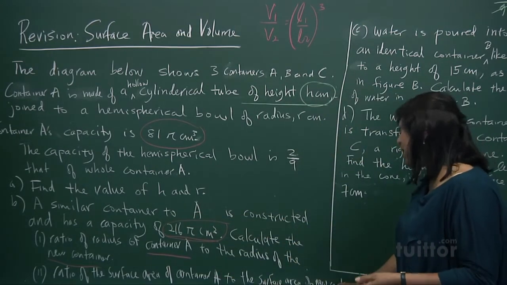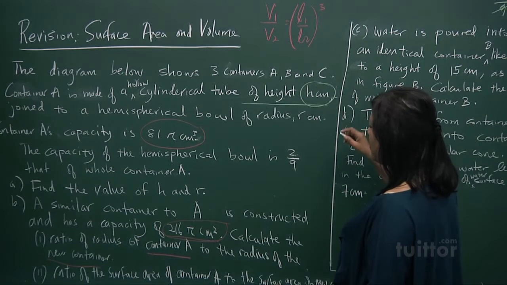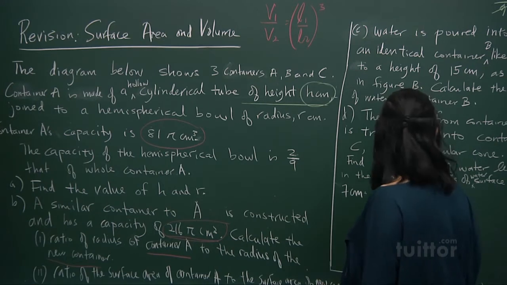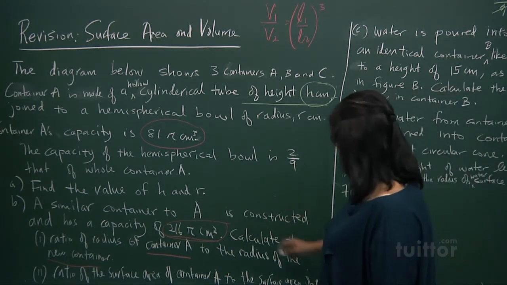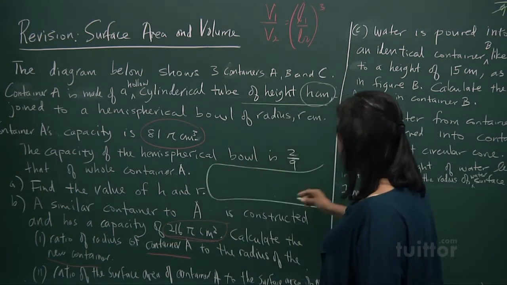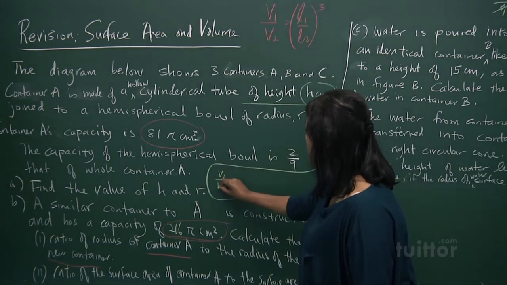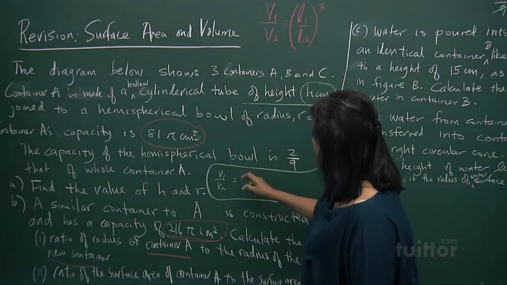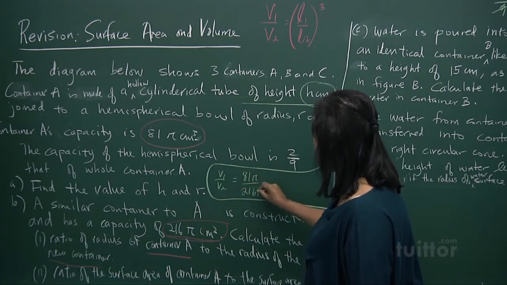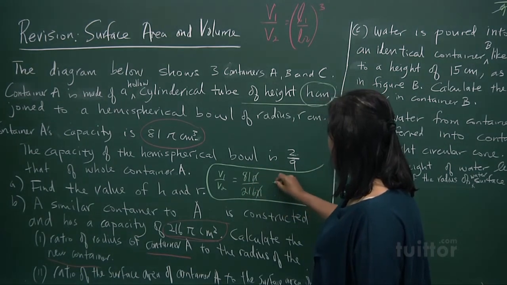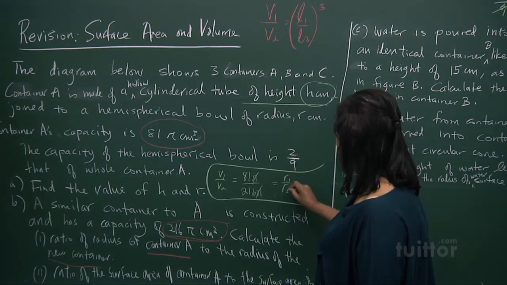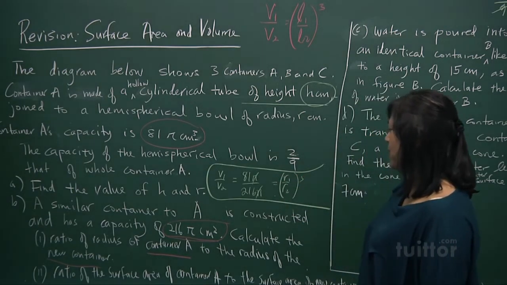So when we do that, V1 over V2 will be equal. We want to find the ratio. I don't have much space, so I'm going to use this part of the board. Now V1 over V2 is 81 pi over 216 pi, and you cancel pi off, and that equals the ratio R1 over R2 cubed.